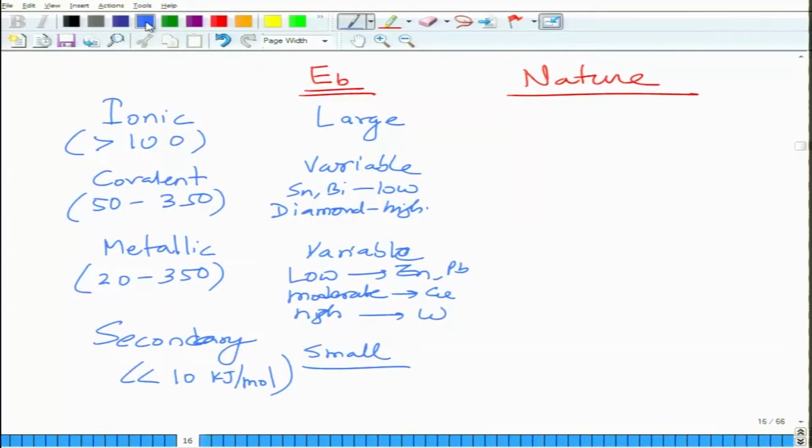Now, ionic bond typically is non-directional. It does not have particular directionality. On the other hand, covalent bond is very directional. So, if you look at silicon for example, this is the central silicon atom, it is bonded by 4 silicon atoms.